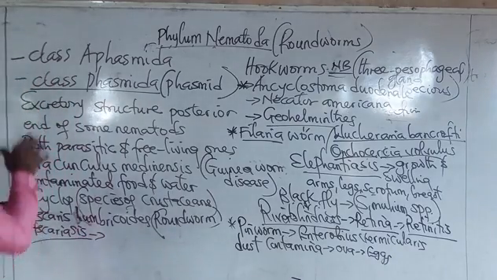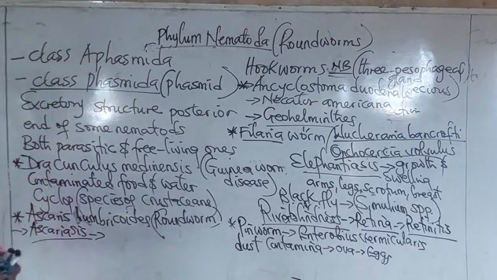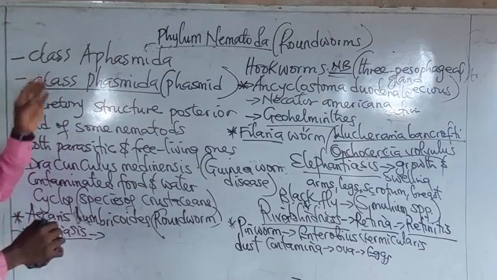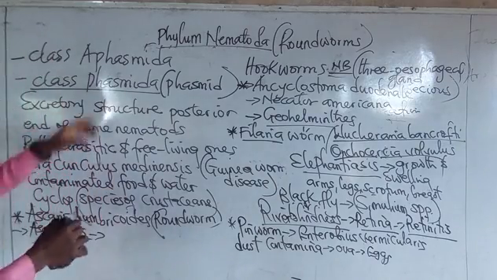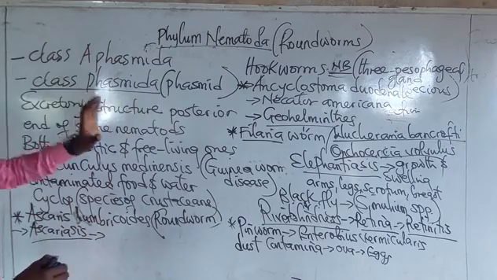Now the next class is class Aphasmida. For these organisms to be found in this class, it means that they lack phasmids. Aphasmida is the opposite of what? Phasmida.